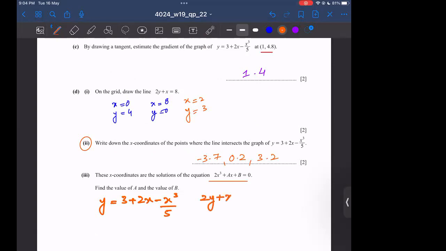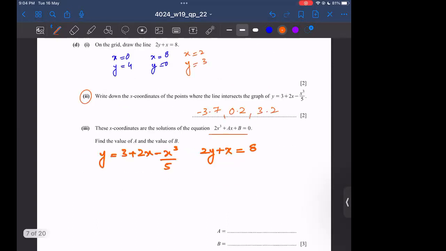Then we have 2y plus x equals to 8. So we are going to solve it simultaneously. 8 minus x. We got the y value here.